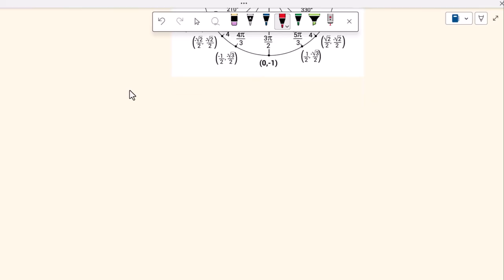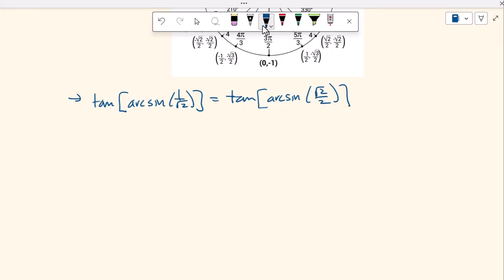Now we can also combine these, and these are really fun. Let's look at the tangent of the arc sine of 1 over the square root of 2. Okay, now usually we would see this in rationalized form as square root of 2 over 2, and then right away it's familiar to us.